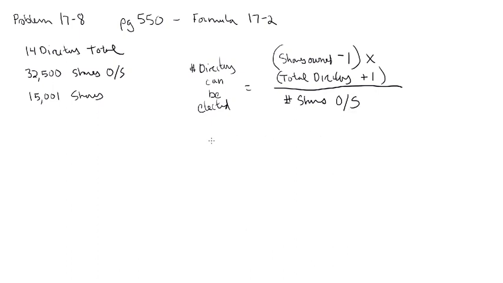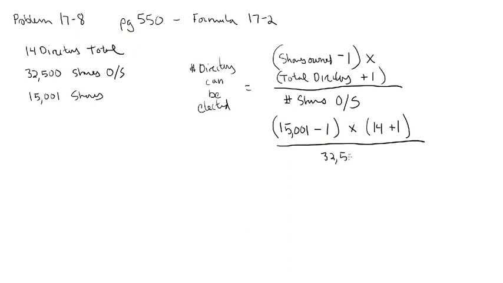All right, so now we can plug in the numbers. That's shares owned, 15,001 minus 1, times the total number of directors to be elected, 14 plus 1, divided by the total number of shares outstanding, which is 32,500.